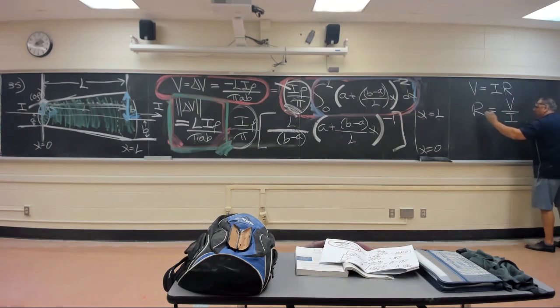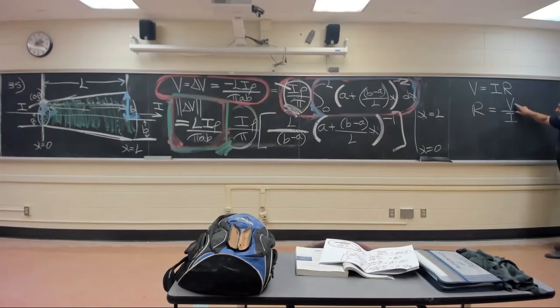Huge divided by small is a big answer. There must be a lot of resistance. If you have a small voltage, but you still get a lot of current, what's tiny divided by huge? Really tiny. It must be a small resistance for something like that to happen.